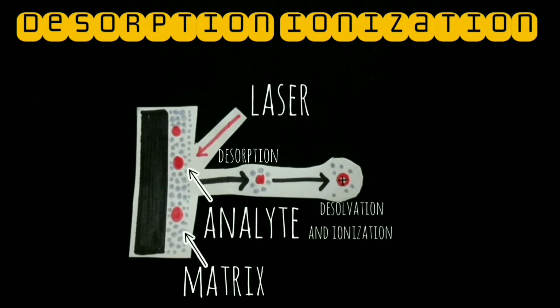With a short pulse of laser light, the analytes are ionized and then desorbed from the matrix into the vacuum system. Commonly used matrix materials are aromatic compounds that contain carboxylic acid functional groups. The aromatic ring of the matrix acts as a chromophore for the absorption of laser irradiation, leading to the desorption of matrix and analytes into the gas phase.